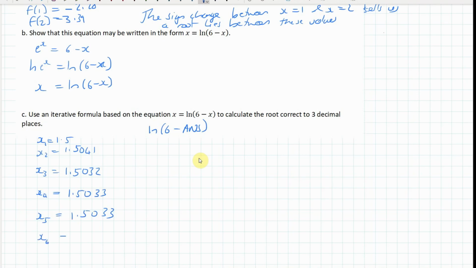My x6 equals 1.5033, my x7 equals 1.5033. We always go a little bit further than we need to, just to ensure. So therefore x is equal to 1.503 to 3 decimal places.